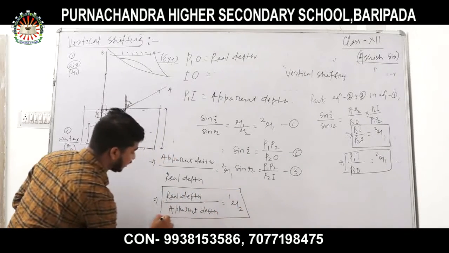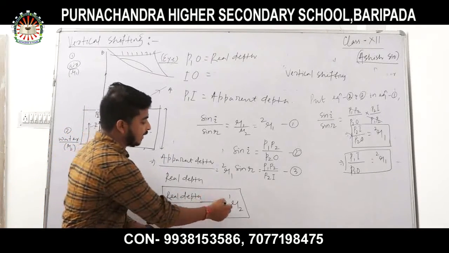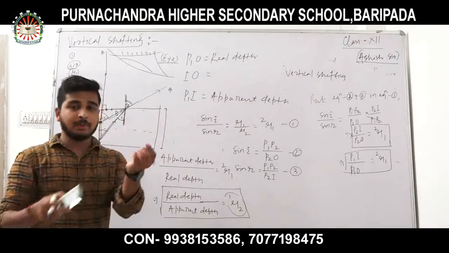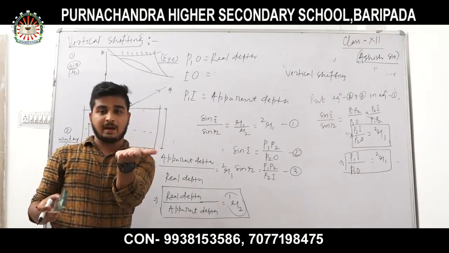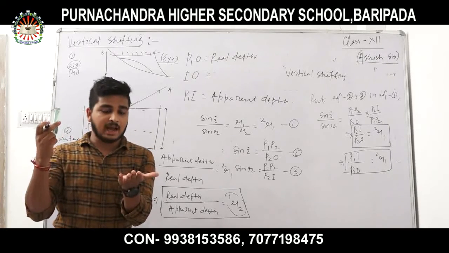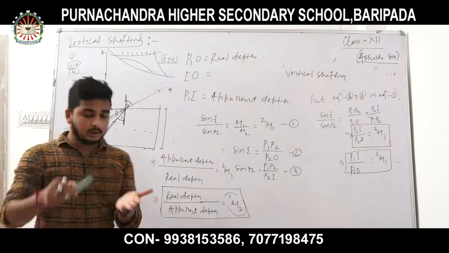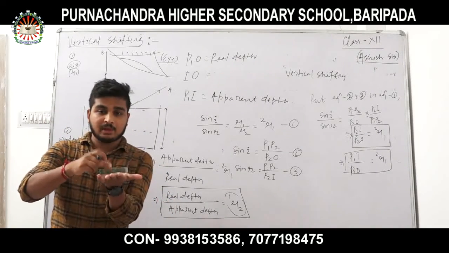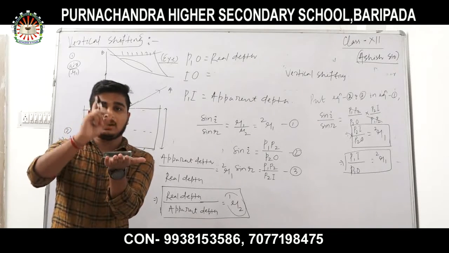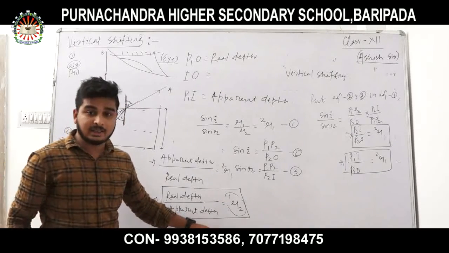This is the expression for real depth and apparent depth and how they are related to the refractive index of a material. Suppose an object is placed on my palm, and the distance from our eye is the real depth. When I place a glass slab, the coin on my palm will look raised on the glass slab. Then this distance will be the apparent depth.